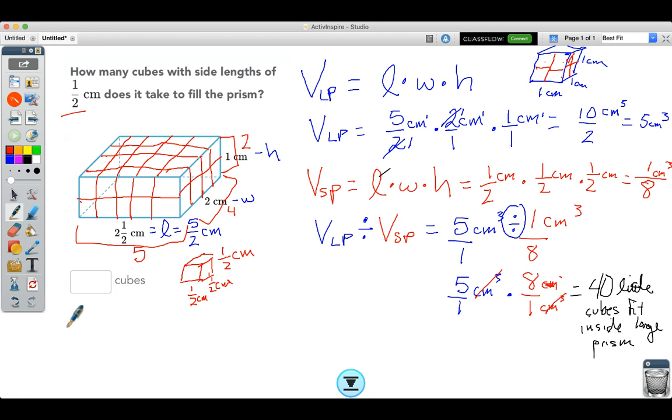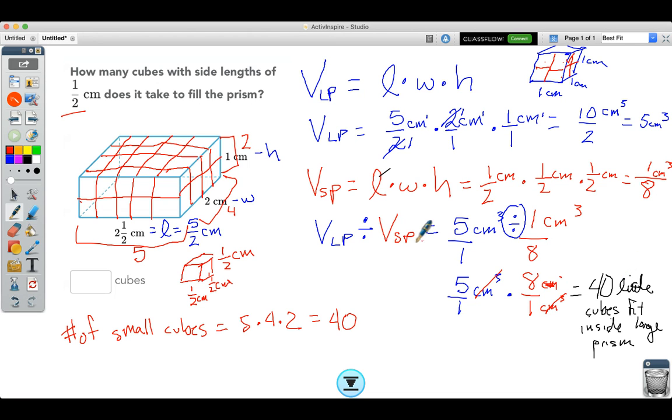The other way you can think, number of small cubes would equal 5 times 4 times 2. 5 times 4 is 20, times 2 is 40. Same answer we got here.